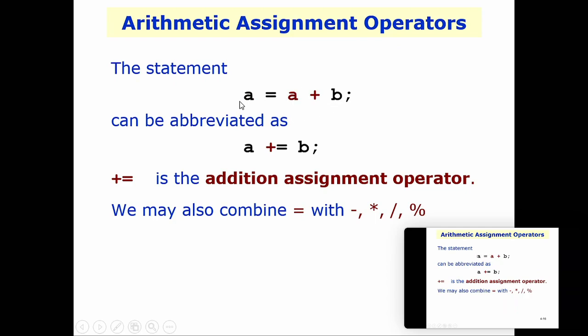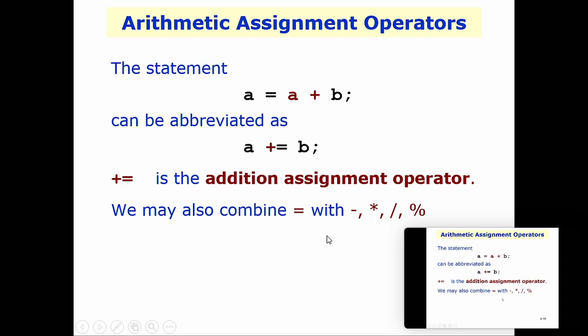Then A will take the value of 3. Then it is shortened by using these arithmetic assignment operators. So you can use A plus equal B. It is equivalent to A equals A plus B.